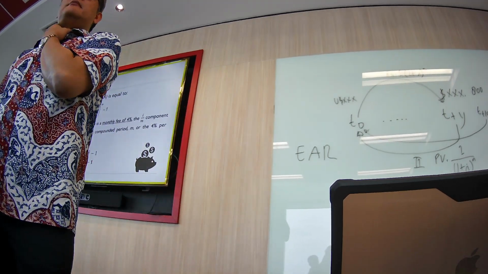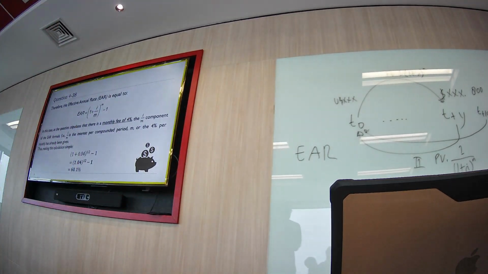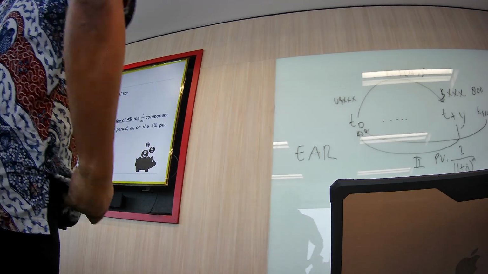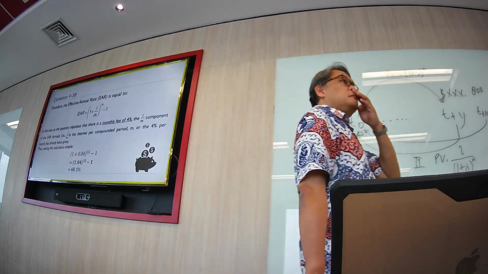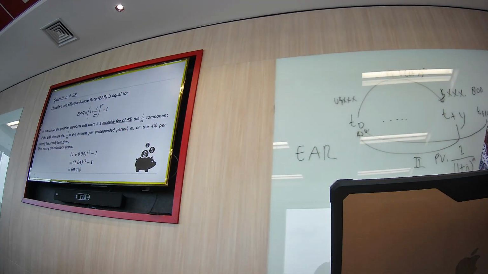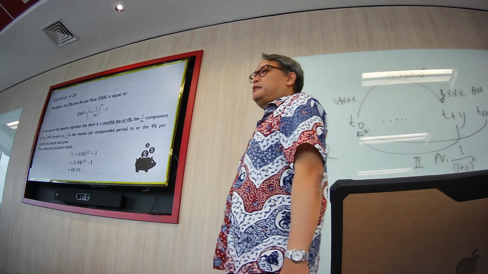Biasanya monthly fee kan... Monthly, so you don't have to divide it by 12. If it's 4% yearly, then you have to divide it by 12. But it's 4% monthly. So you don't need to divide it by 12, right?